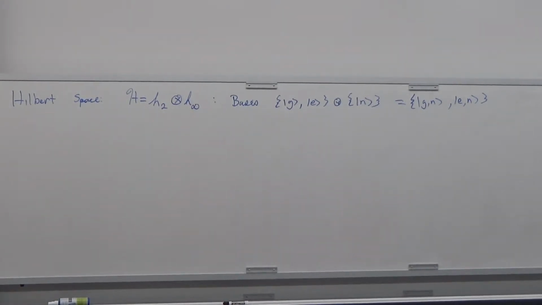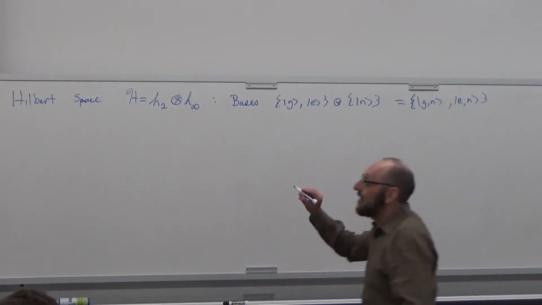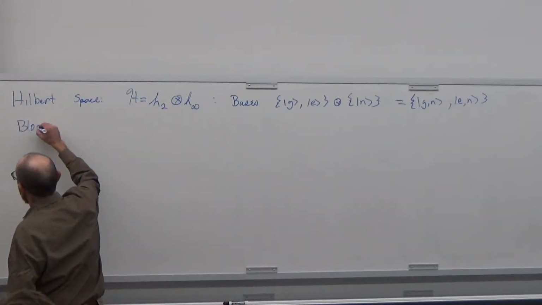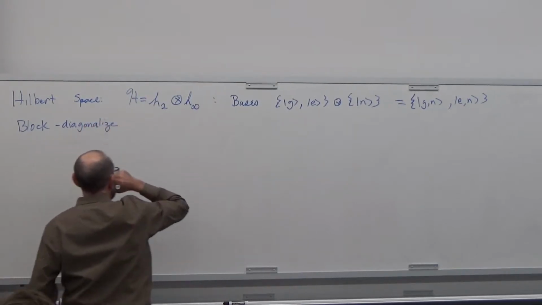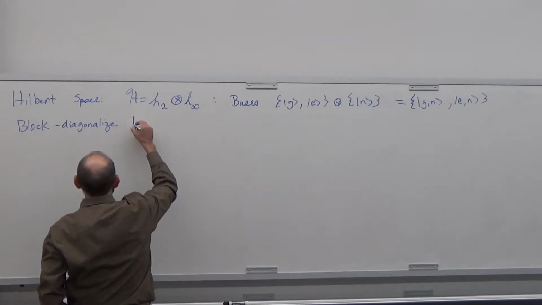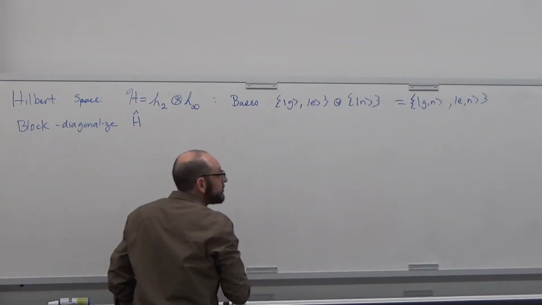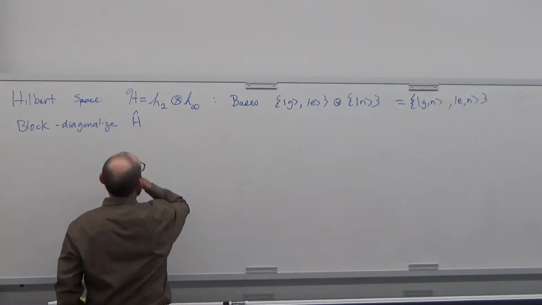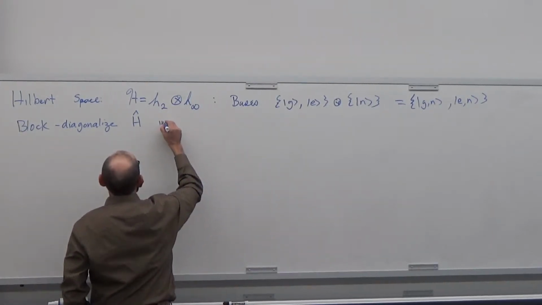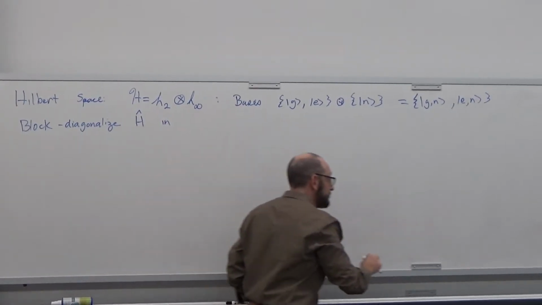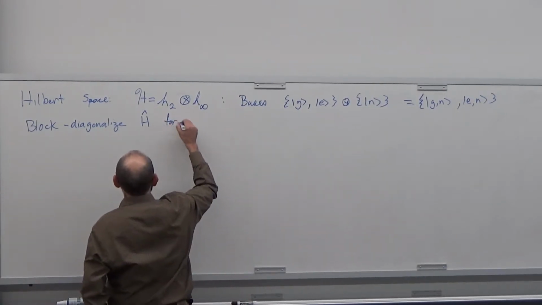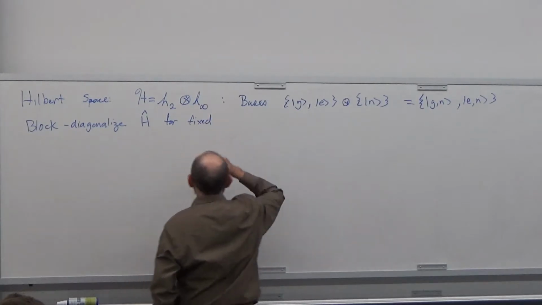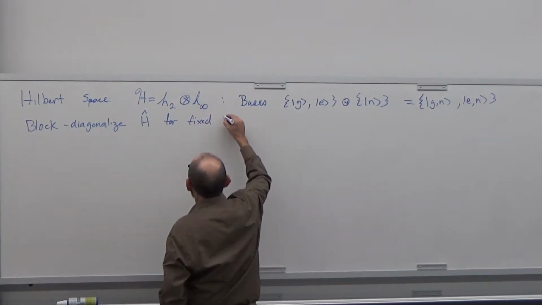Now, the fact that NT is a good quantum number means that I can block diagonalize the Hamiltonian for fixed NT.